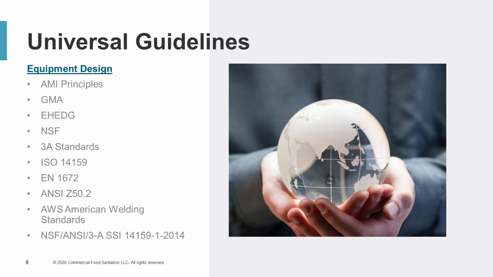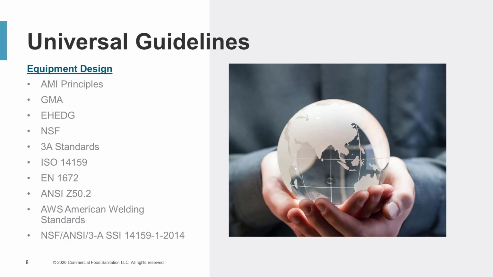There are many guidelines available in the industry that can help you in the process of hygienic design. General guidelines like from the AMI, American Meat Institute, for wet environments, or GMA, the Grocery Manufacturers Association, for low moisture products.